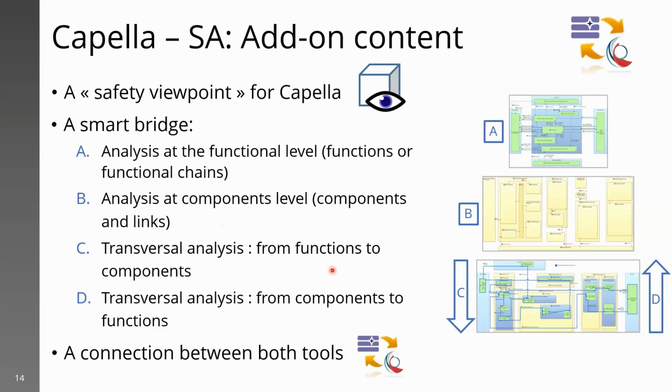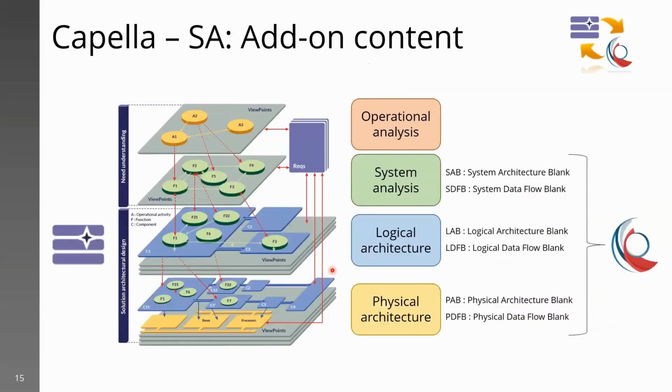I will also show you that we are able to navigate from Capella to Safety Architect. From Capella to Safety Architect, we can share data from the system analysis level and from the logical and physical architecture levels. From each of these levels, data can be selected in architecture blank and data flow blank diagrams.